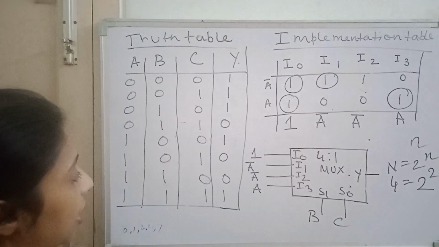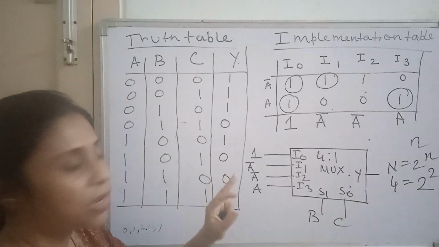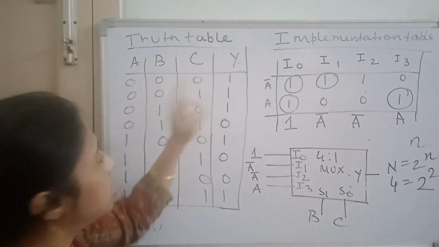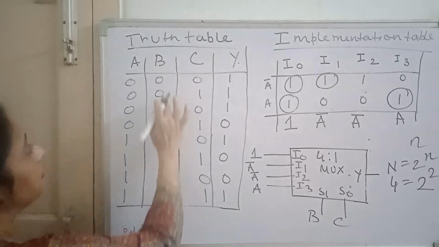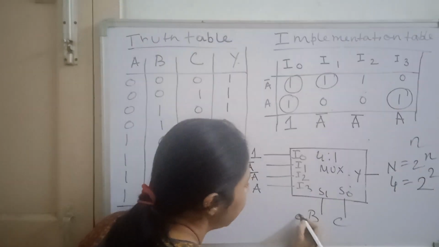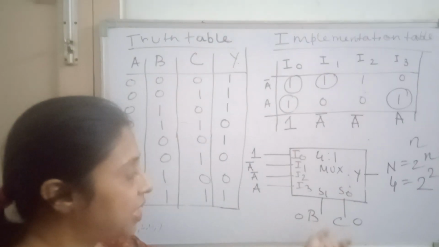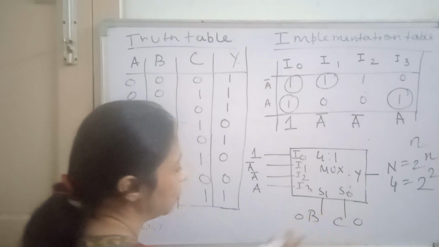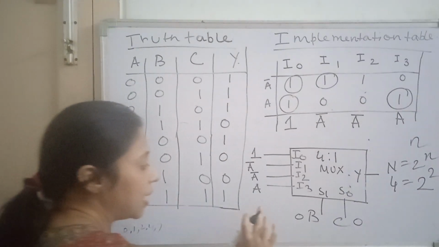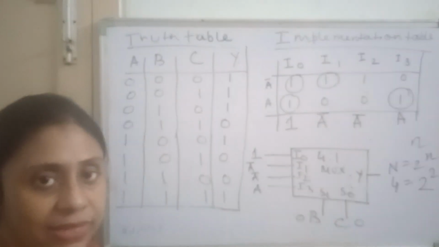Okay. Now, what is the first input combination? 0, 0, 0. Right? So A is 0, B is 0, C is 0. B and C are given at the select lines and both are 0. So when both the select lines are 0, which input should be selected?